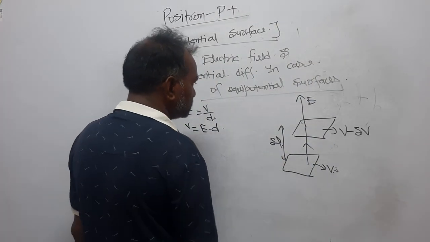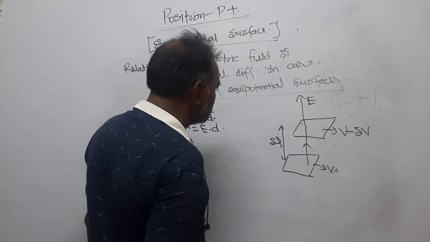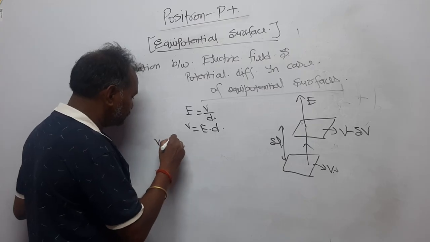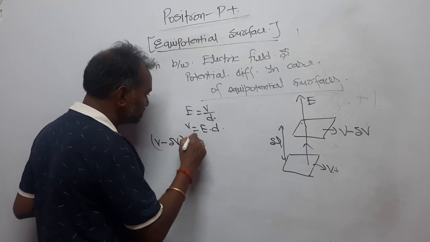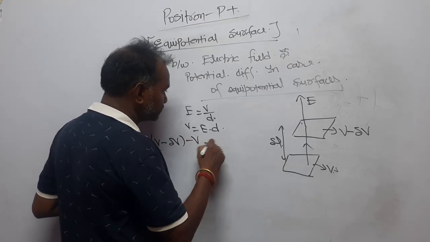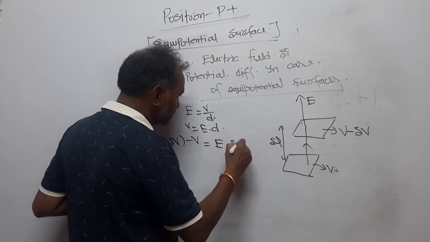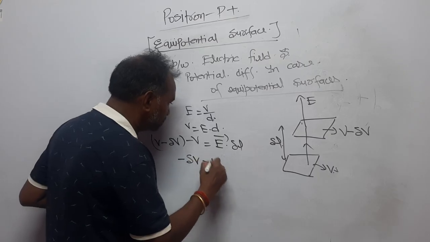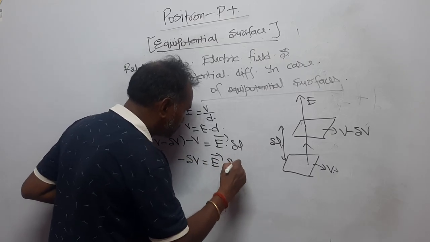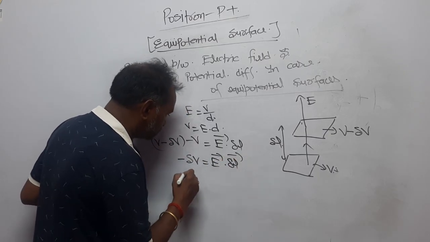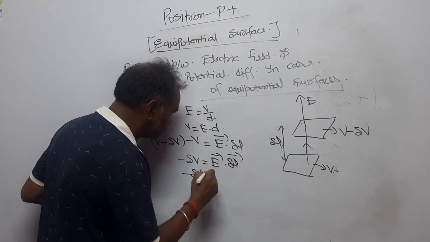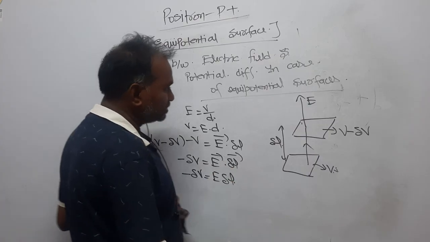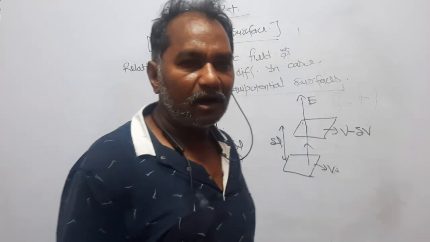Now, dear student, the potential difference between these two will be the final potential minus initial potential, and that is equal to E into del L. Or minus del V is equal to E del L, you can write, because E and del L are in the same direction.